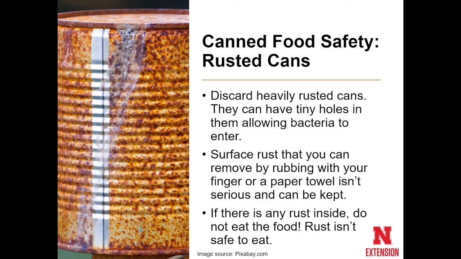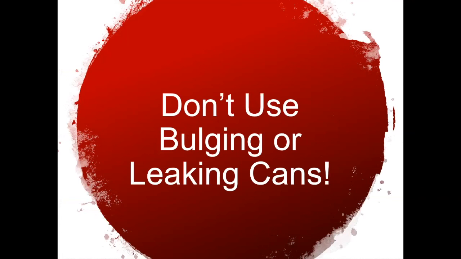But if it's heavily rusted, actually the can structure may have been breached and the food is not going to be safe to eat and you want to discard that food product. And again, if you find any bulging or leaking of cans, you definitely don't want to use those food products. You're at risk for botulism with those food products.